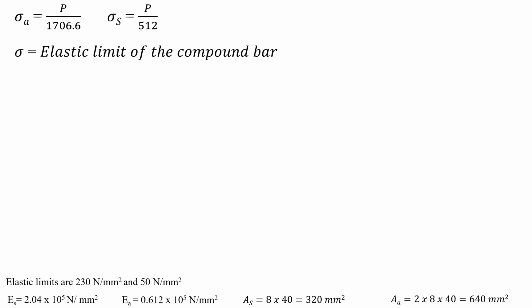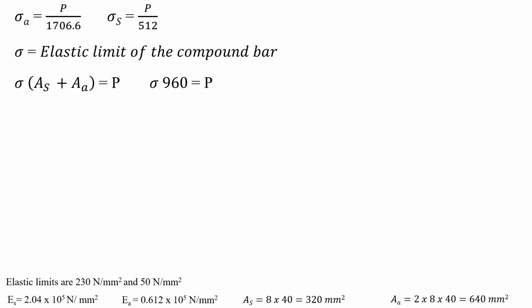So next, let's consider sigma equal to the elastic limit of the compound bar, and we can express the elastic limit of the compound bar in terms of P. The relation is the elastic limit of the compound bar into the total cross sectional area of the compound bar, that is the cross section area of the steel plus the cross section area of the aluminum, equals the total load applied on the compound bar, that is P. So sigma into AS plus AA equals P. We know the AS value is 320 and the AA value is 640, total is 960.